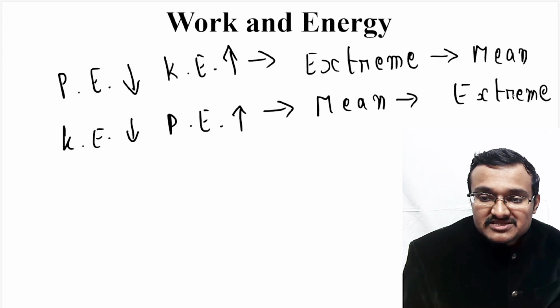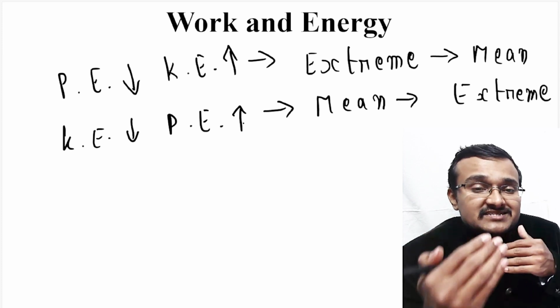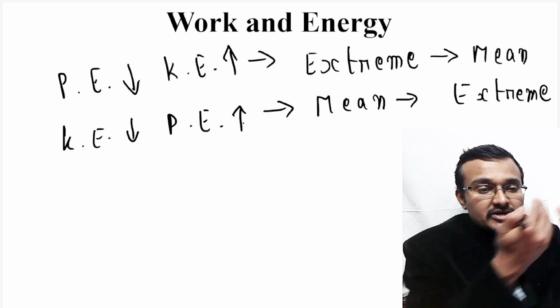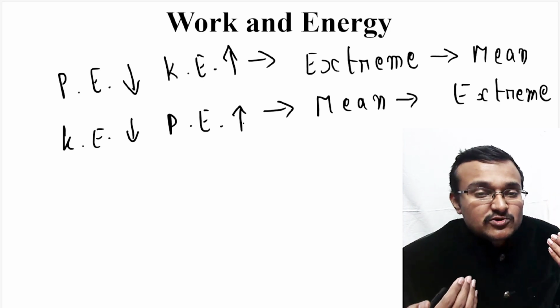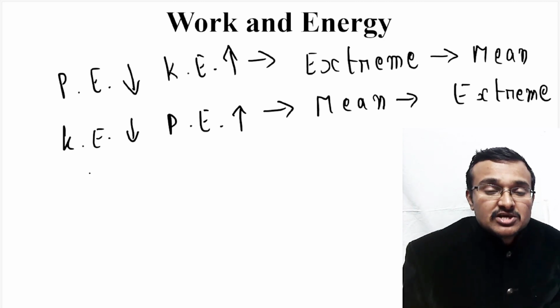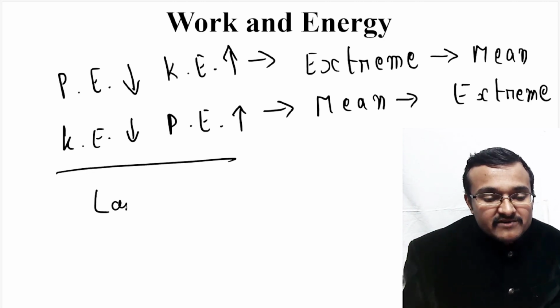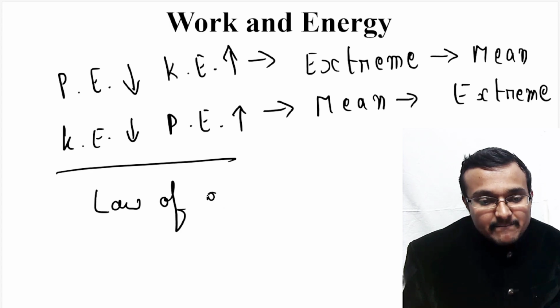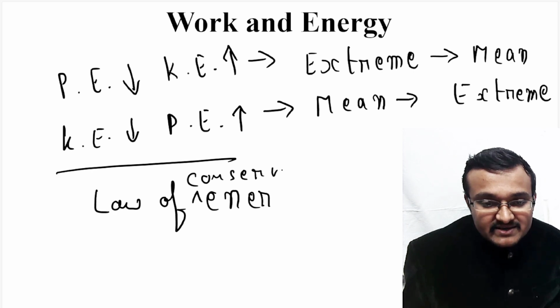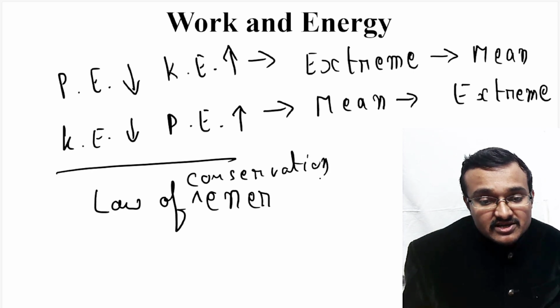So the potential energy and kinetic energy are increasing and decreasing, and thereby potential energy is getting transformed to kinetic energy, and again kinetic energy is getting transformed to potential energy. That means the law of conservation of energy is maintained in this case.